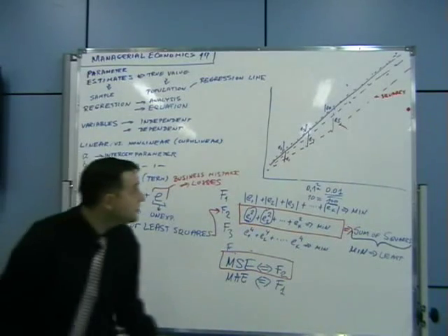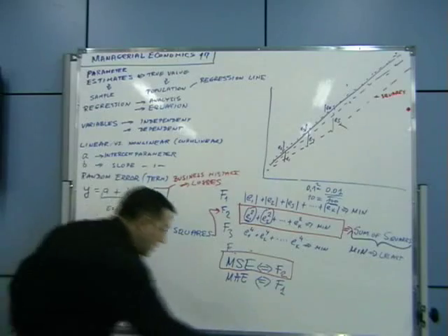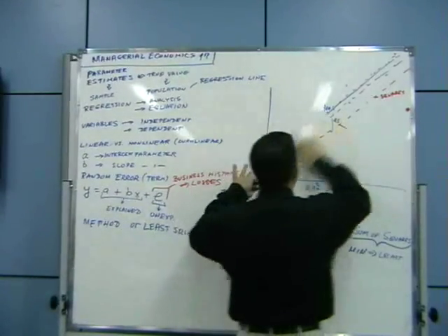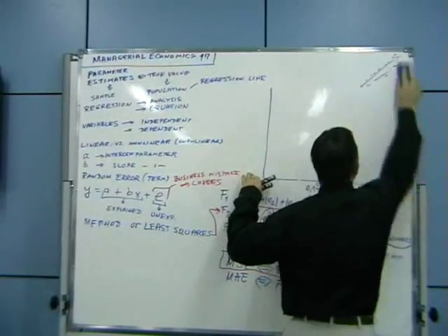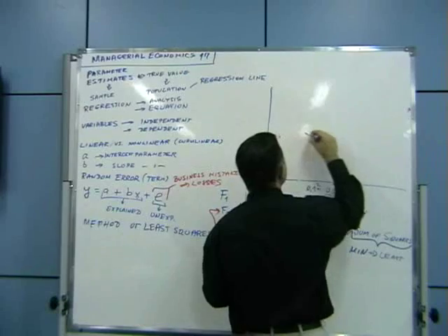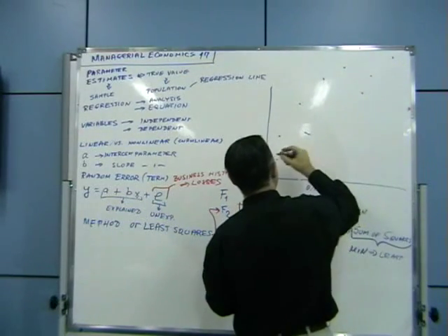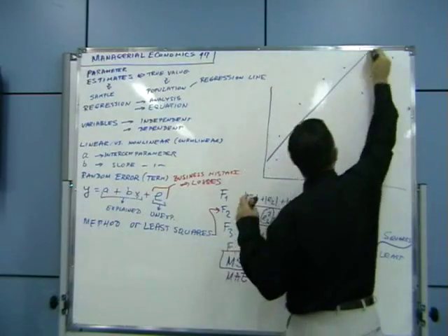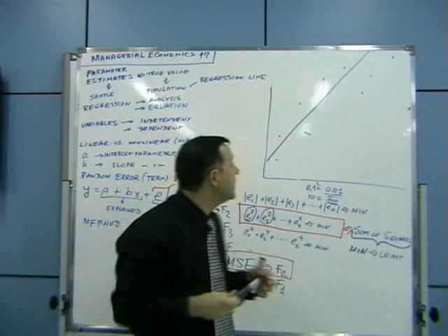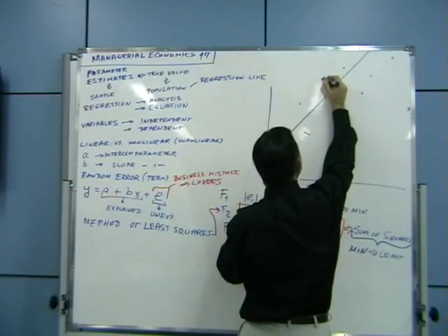Okay, so what's next? What is next is I'll reuse this one over here. So what we have is, again, our regression, and this is the regression line, and suppose you have this particular observation.